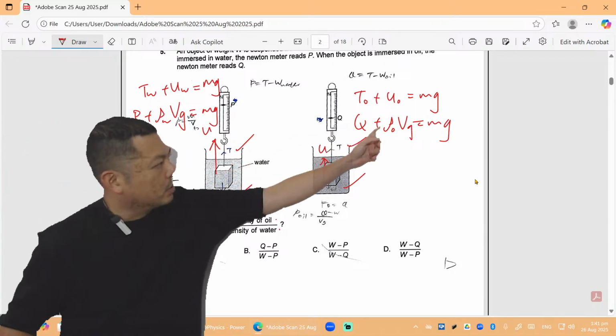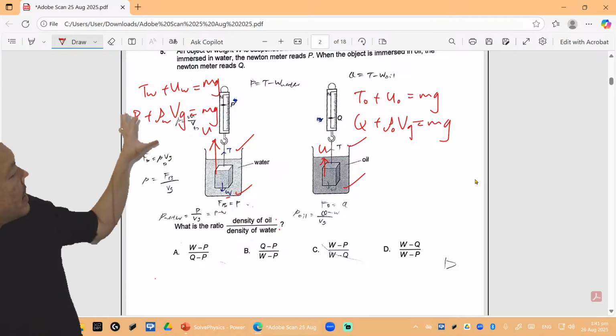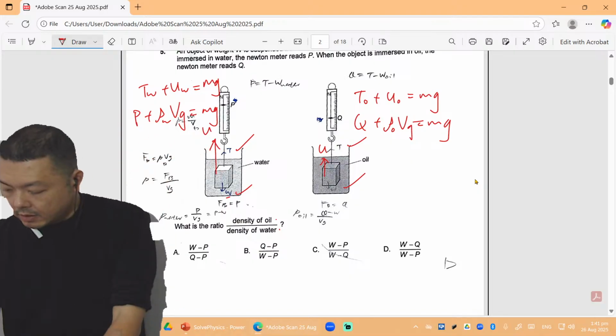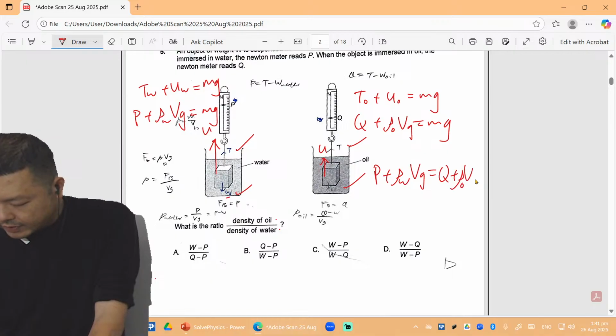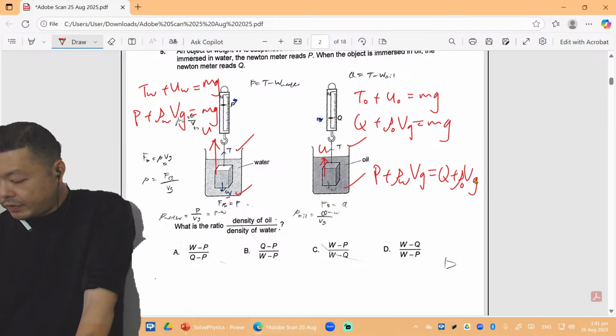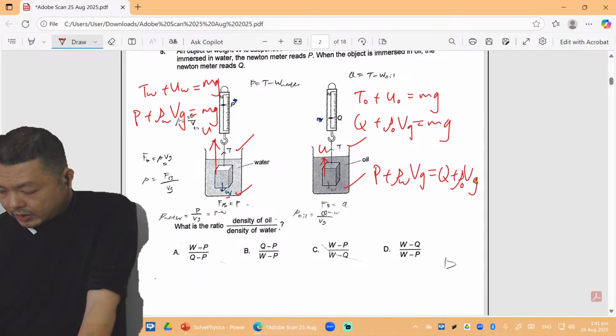Okay, so we sort of have a semblance of something happening already. We probably can equate the two sides, right? So P plus rho W Vg equals Q plus rho oil Vg. If you rearrange it, you will get what?